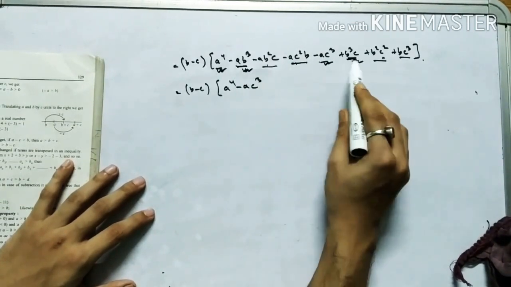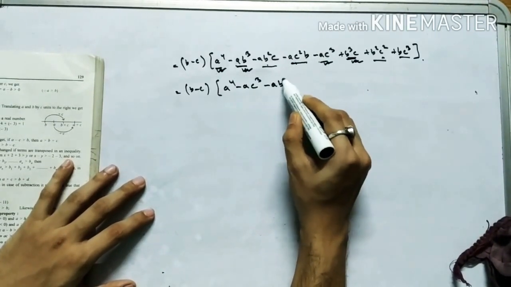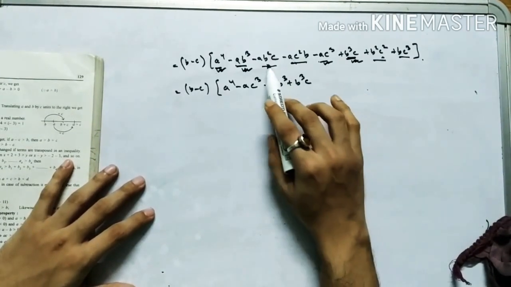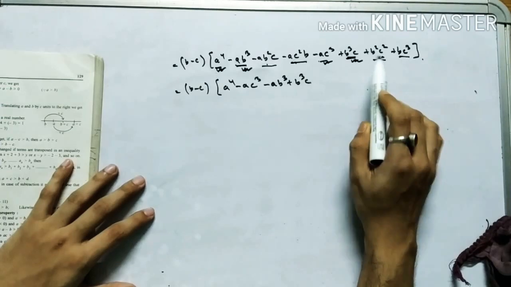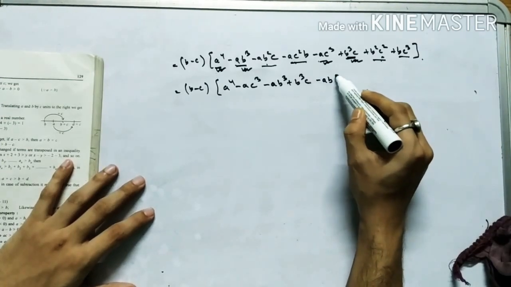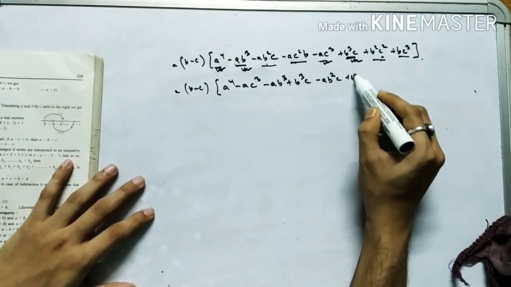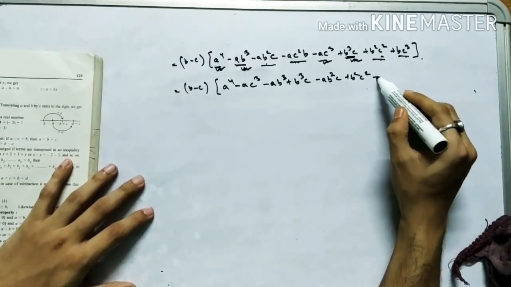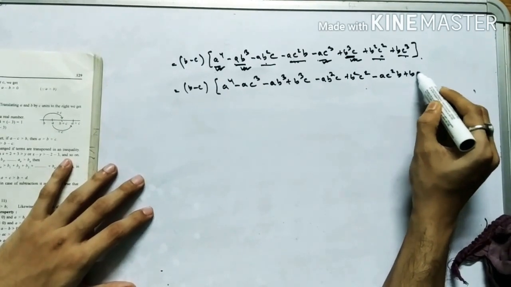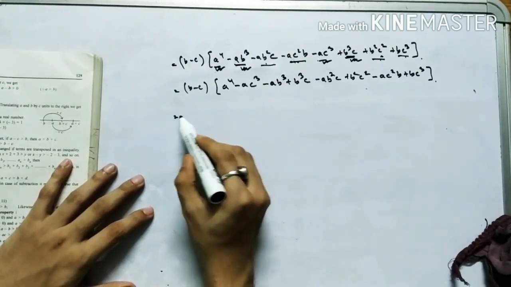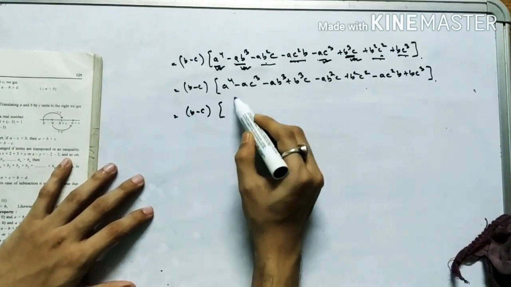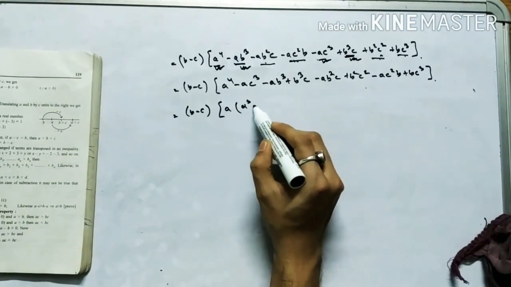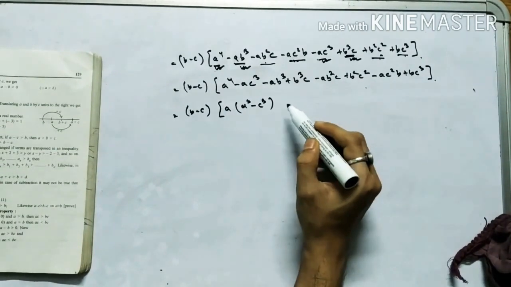Then this and this I will take: minus AB cube plus B cube C. Then again this and this I will take: minus B square C plus B square C square. And last, this and this I will take: minus AC square B plus BC cube. So this equals B minus C. In here I will take A common, so I will get A cube minus C cube.